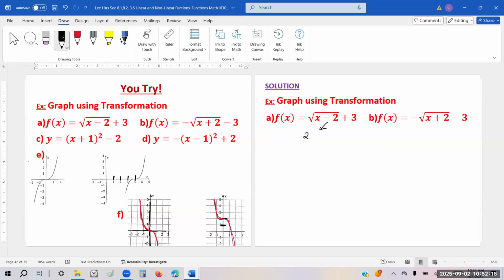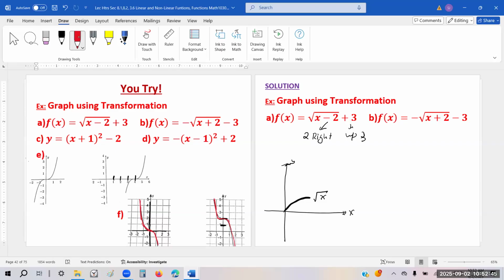To the right, perfect. And then up 3. Wonderful. So let's draw. Actually, since you're going right, let me draw to the left. So X, Y, the original square root is this one without any transformation, the parent.